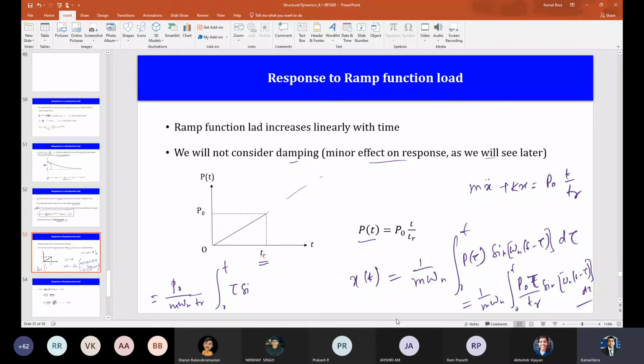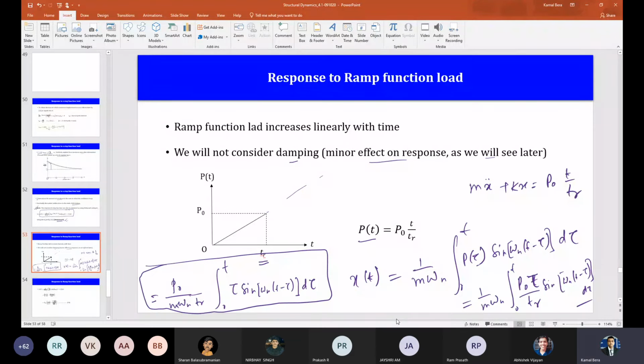What is remaining? Tau sine omega n (t minus tau) d tau. And do the integration by parts. Very simple.